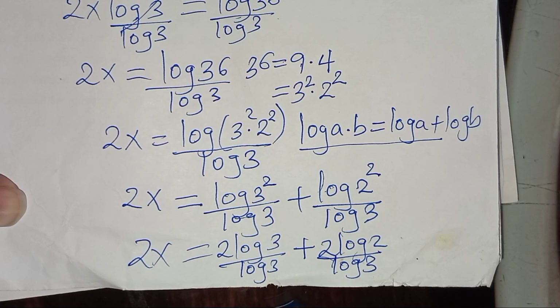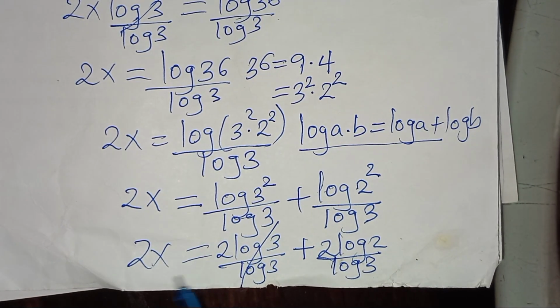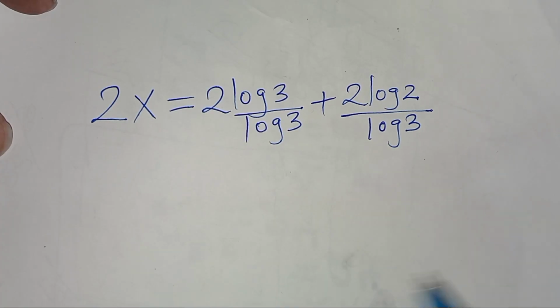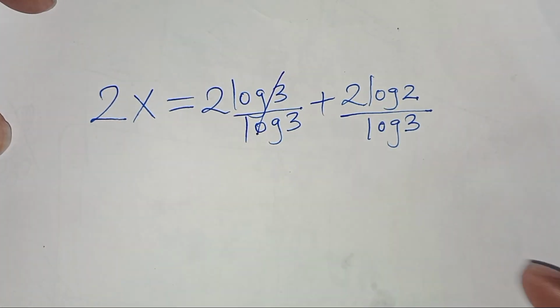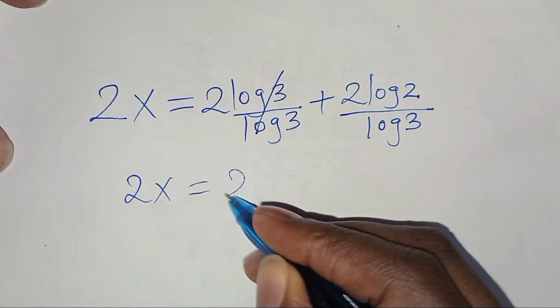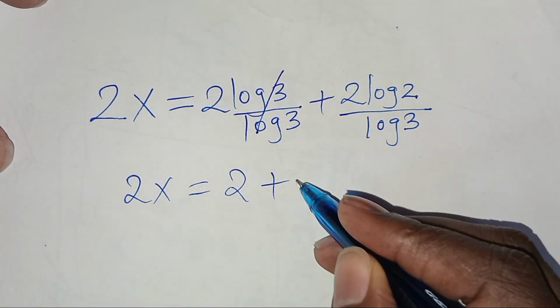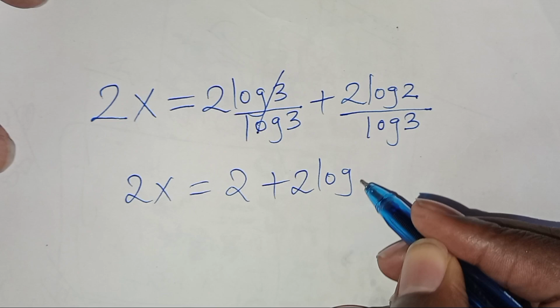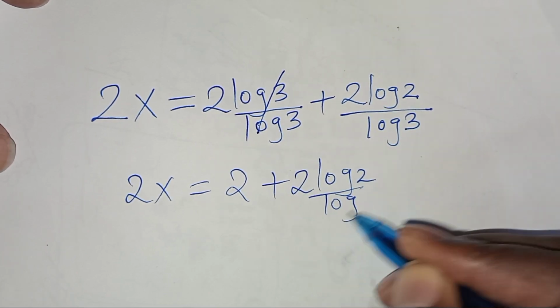Okay, so let's proceed here to simplify. Log 3 and log 3 simplify, so that we'll have 2x equal to 2 plus 2 log 2 divided by log 3.